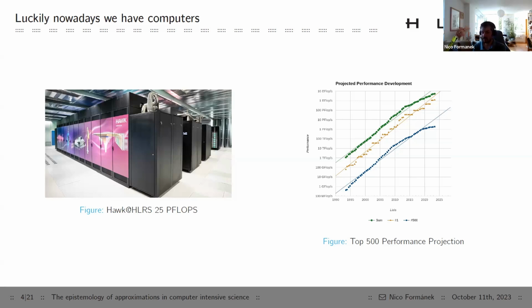And what you see here is the increase in computing power: the sum of all the systems, the highest ranking system at the time point, and the lowest ranking system. You can see that they basically increase in a somewhat exponential fashion, although this increase levels off a bit, maybe starting around 2015. And this is basically one indicator of the famous or infamous Moore's law.